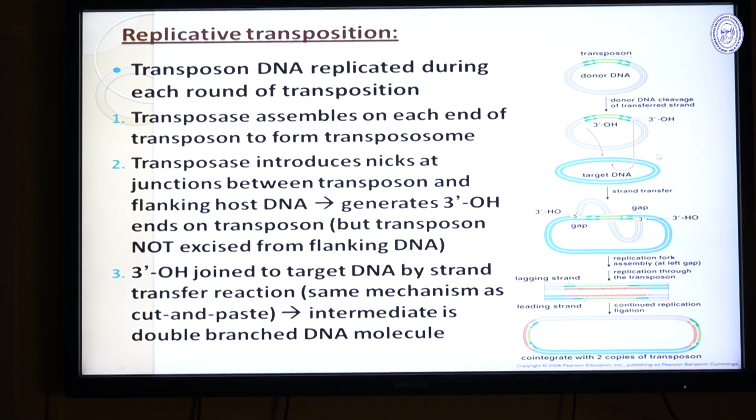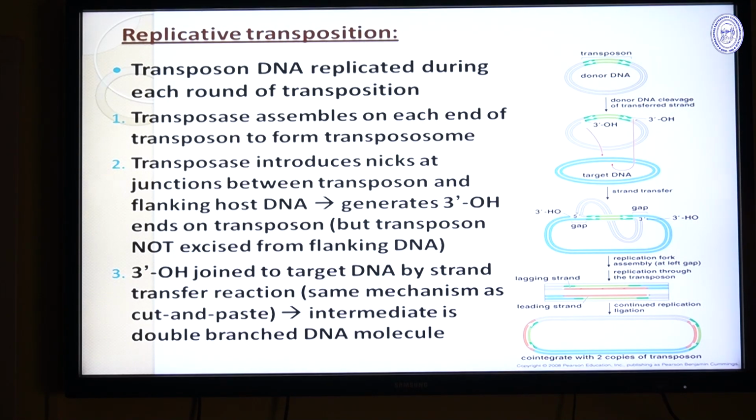So what happens? The transposon DNA is replicated during each round of transposition. Transposase assembles on each end of the transposon, as I've discussed earlier. This transposase introduces nicks at junctions between the transposon and flanking host DNA, thus generating a 3' OH end on the transposon.